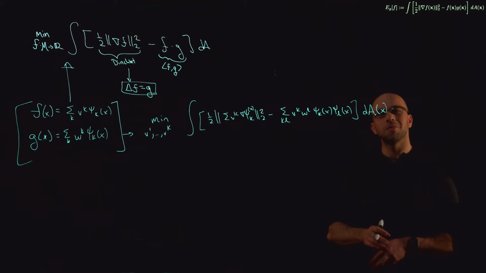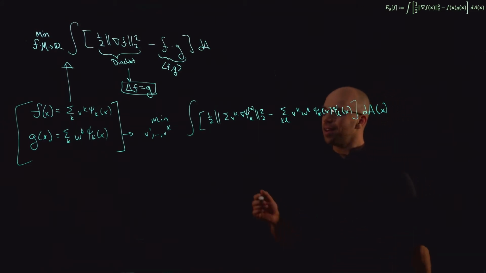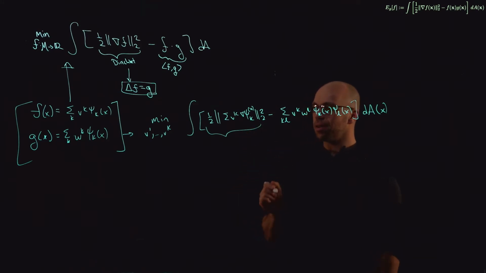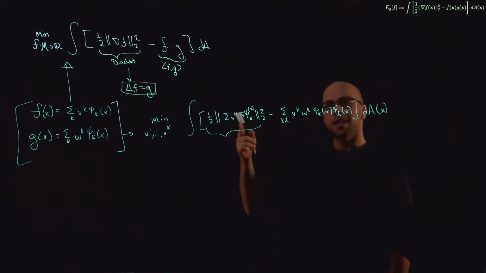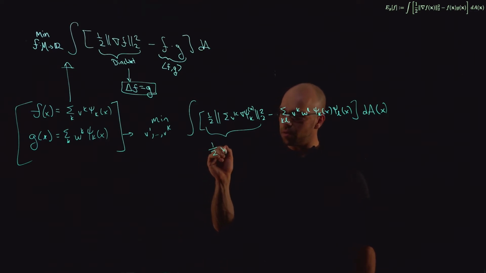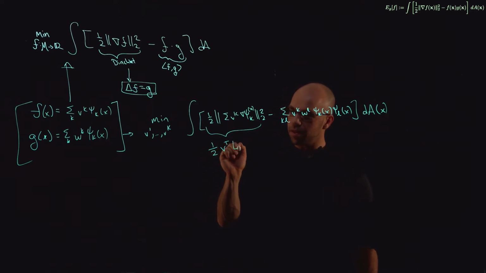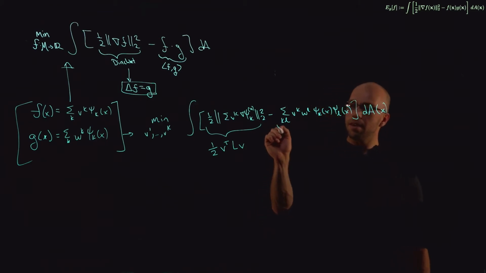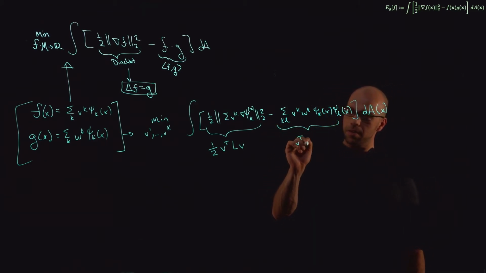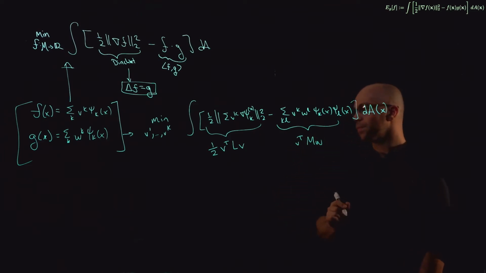So one thing that you can work out is that in the notation of the previous writing we were doing on the board, if we just take this square and expand it out, what we're going to end up with is a very familiar quantity. It's just going to be 1/2 v transpose L v. And similarly here, this is going to end up being v transpose M w.